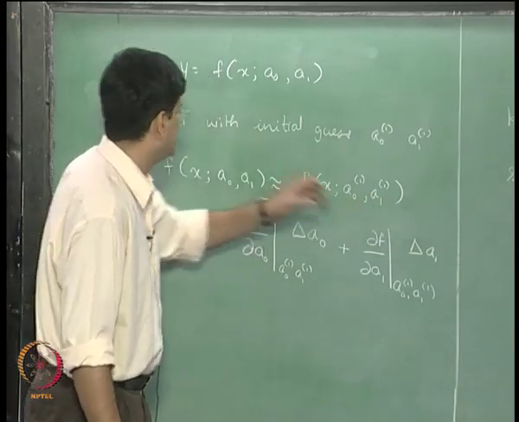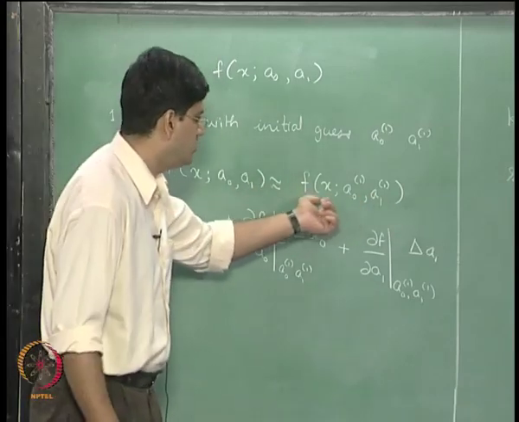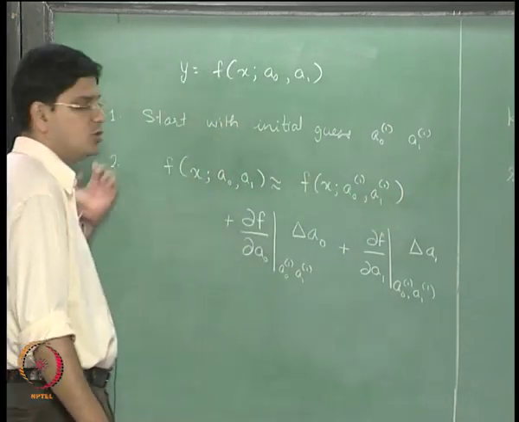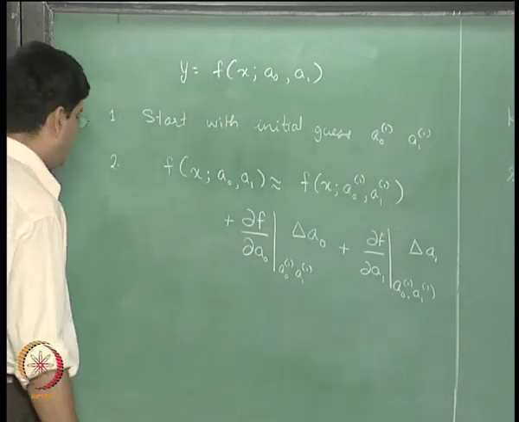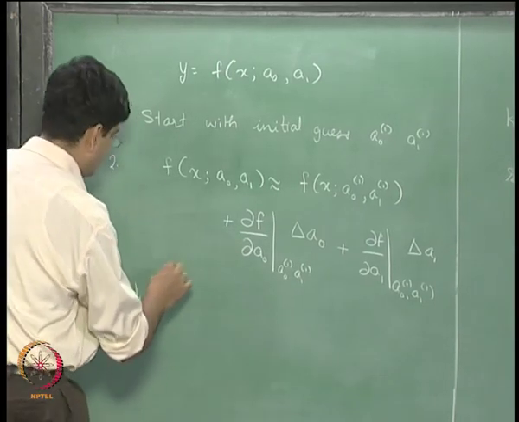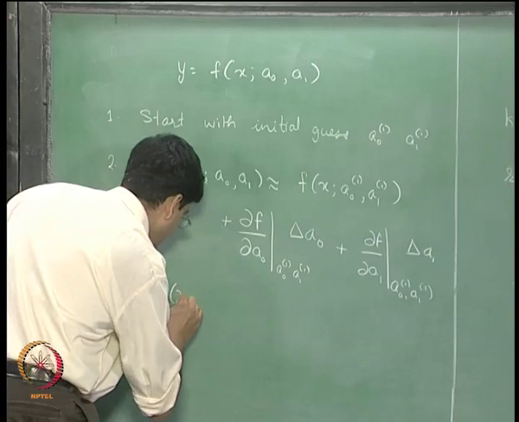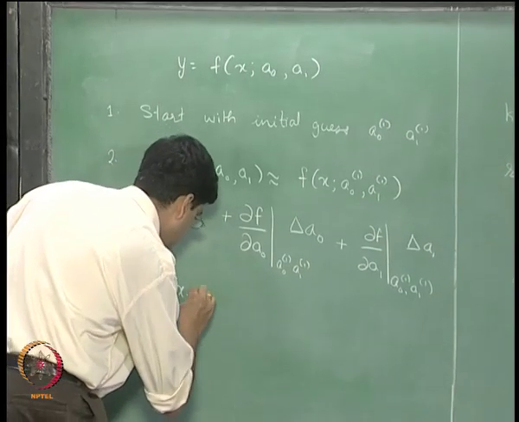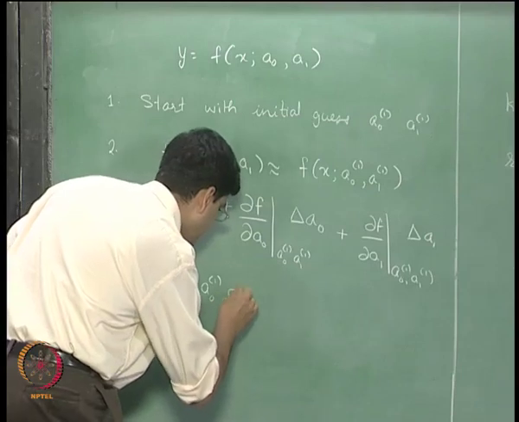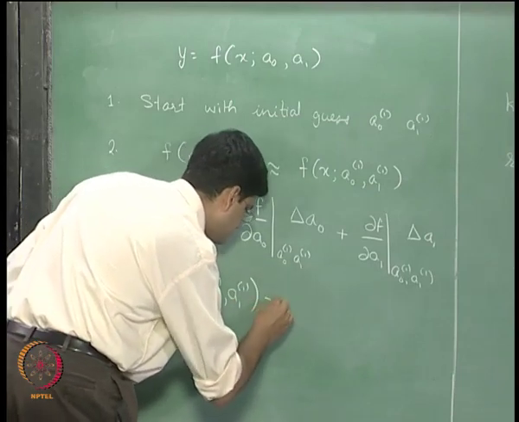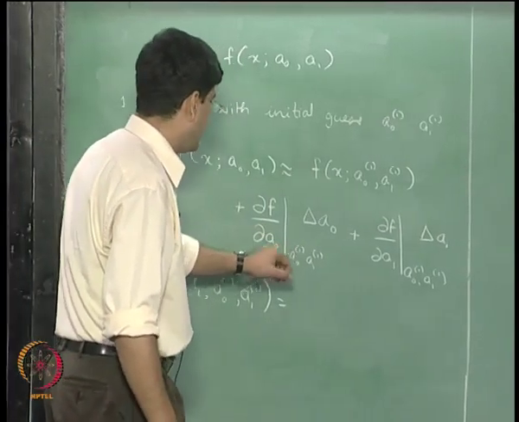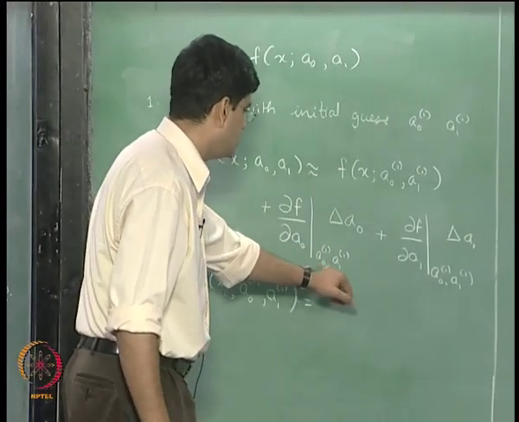So y is going to be nothing but equal to this particular value. We will take this value to our left hand side, and what we will get is yi minus f of xi semicolon a0 1, a1 1, which is going to be equal to the partial f by partial a0 computed at a0, a1.